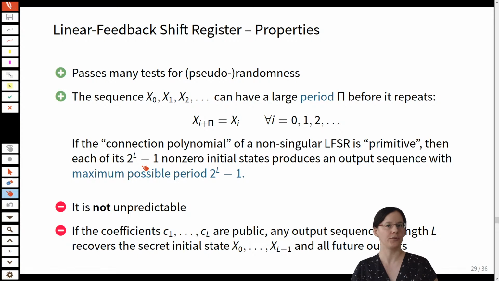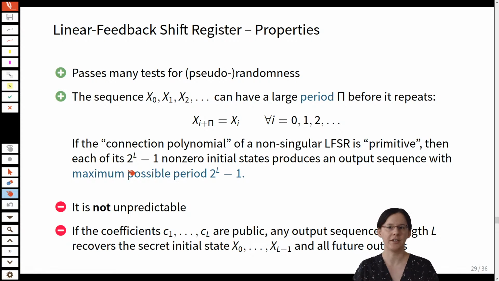Since this maximum period is 2 to the L minus 1, where L is the size, this means that of all the 2 to the L possible values that the state can take, every value except 0 occurs at some point before the key stream starts repeating.